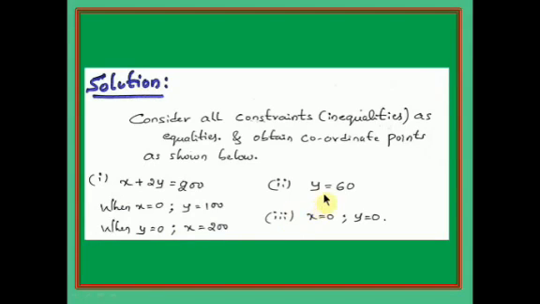Then in the second constraint, y was given as less than or equal to 60. So it is made y equal to 60. After that, there is no need to mention the y value when x equal to 0, or the x value when y is equal to 0, because only one decision variable is involved; after equating, we already have y equal to 60.